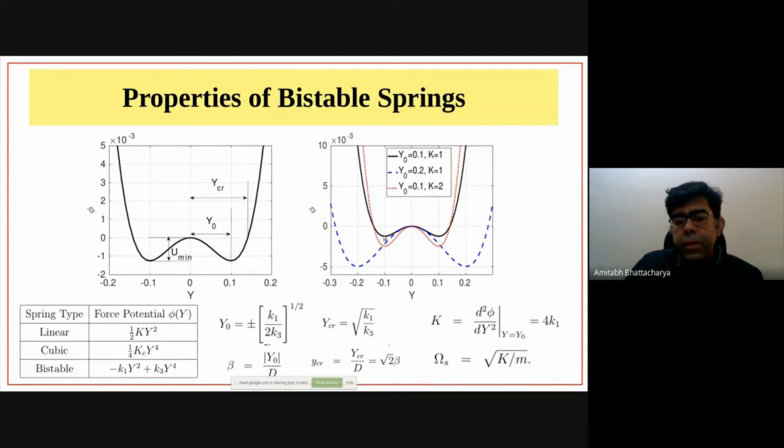These are the two things that you can adjust here. So you can imagine that if your depth becomes more, keeping the distance between these minima constant, then you will have a stiffer and stiffer spring around this stable point.